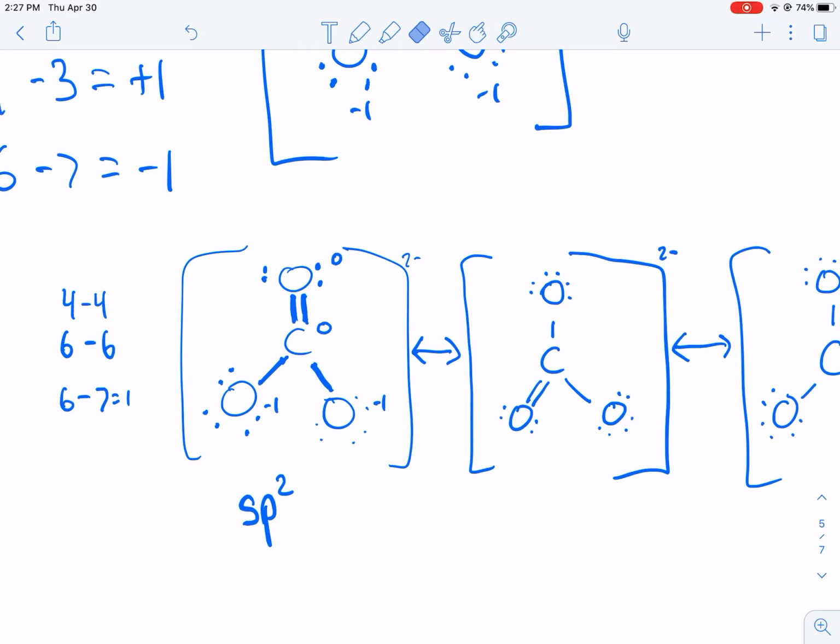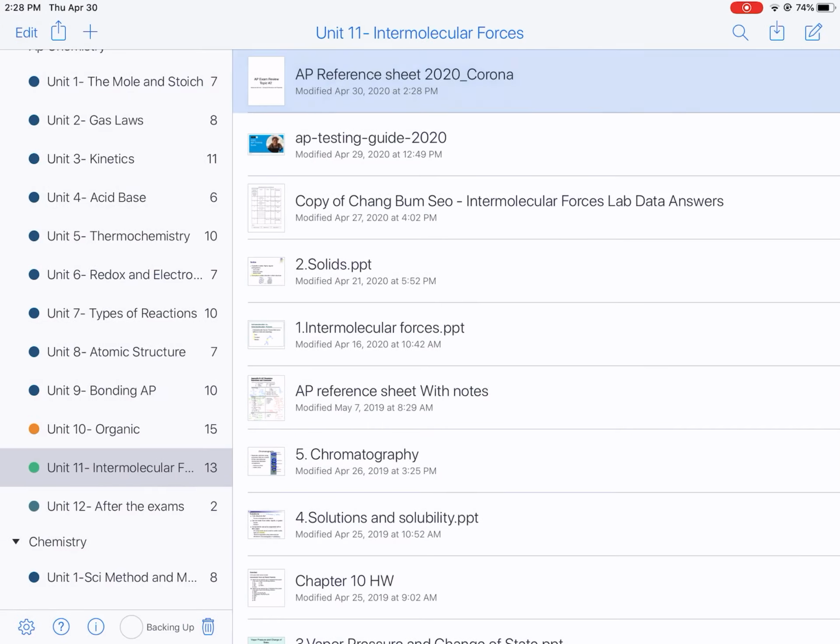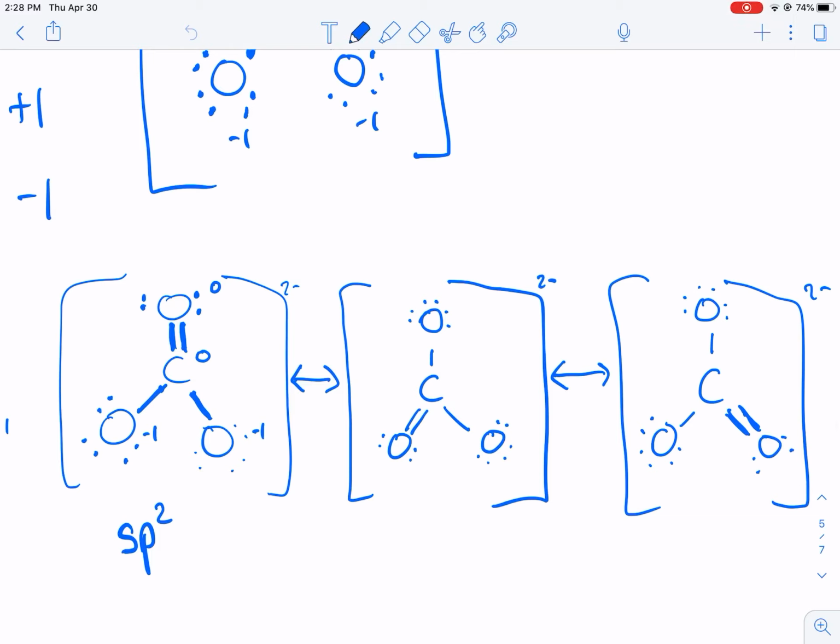All right. Let's see, what else did we need to do here? Did I say bond order? The bond order for this, I think I did, because sometimes it is a double bond, and then it's a single bond, and then it's a single bond.